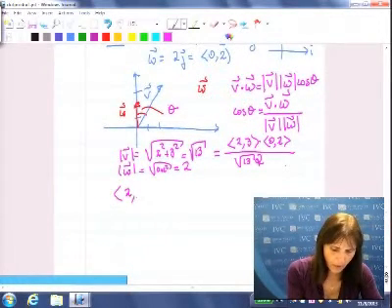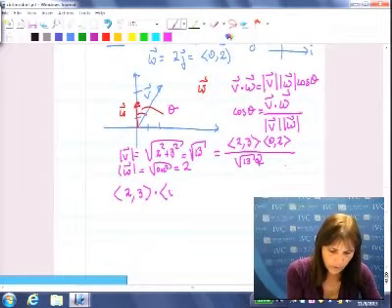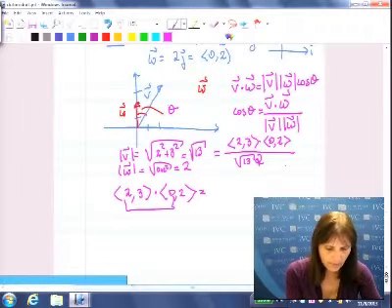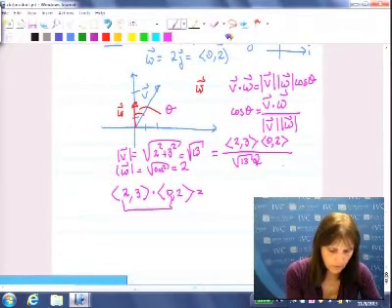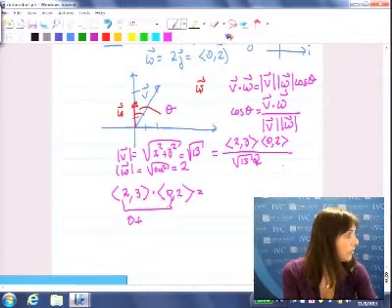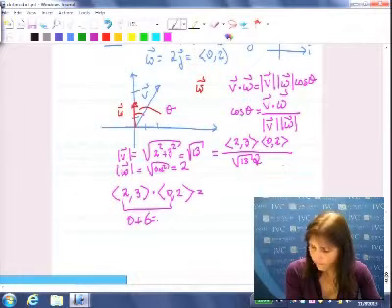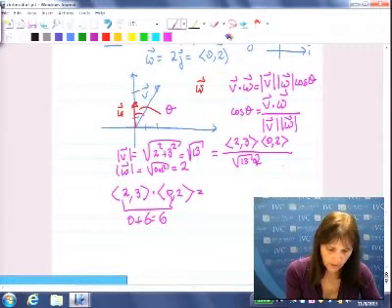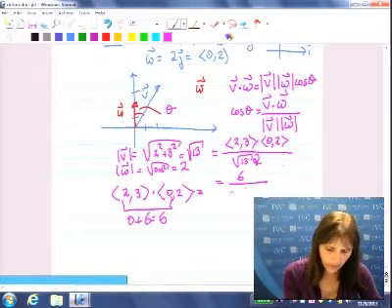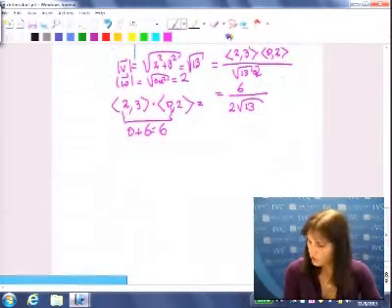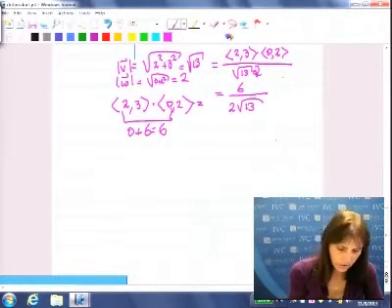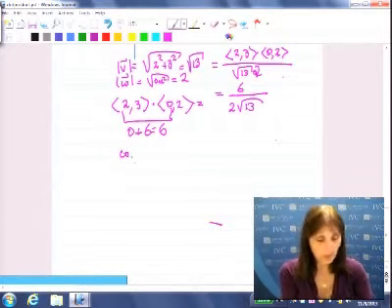Let's clean it up a little bit. What was this? 2, 3 dot product 0, 2. Remember how the dot product works. This times that, 2 times 0, is 0, plus 3 times 2, that is 6. So I have a 6 on top, and I have a 2 at the bottom, and root 13. This is good to know. I have a trigonometry problem.